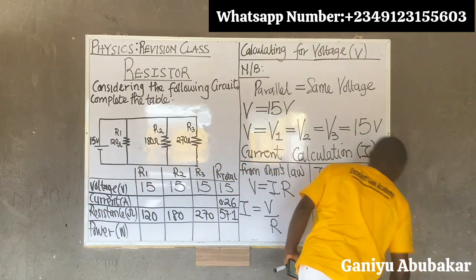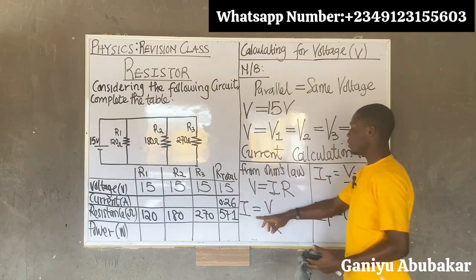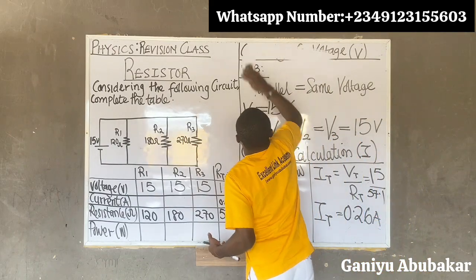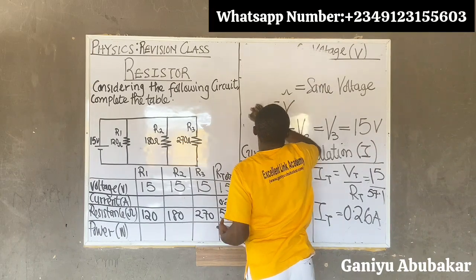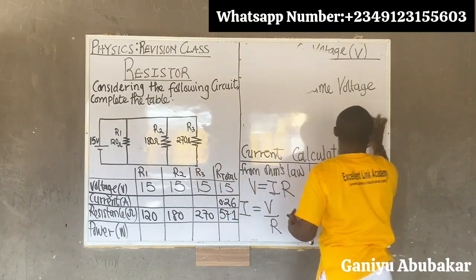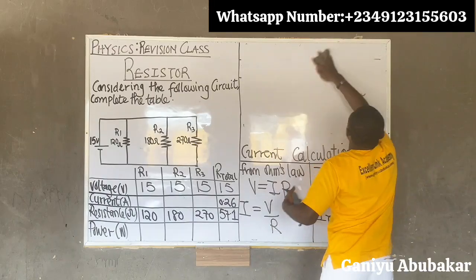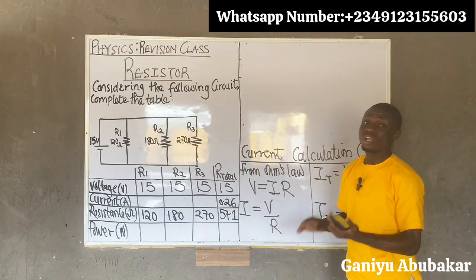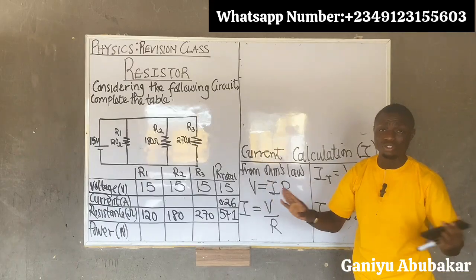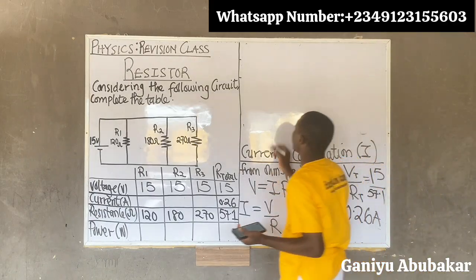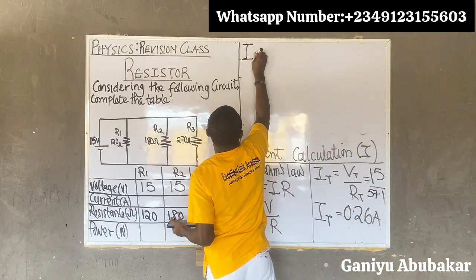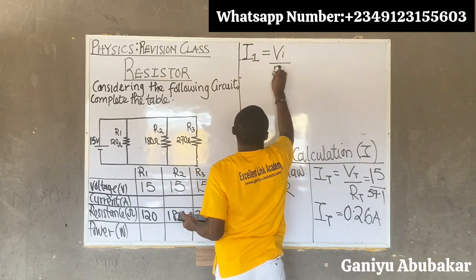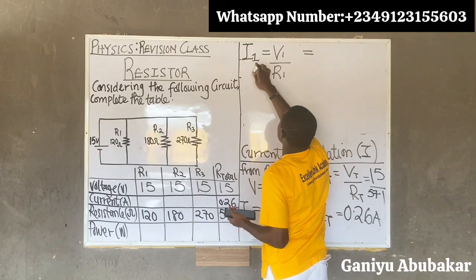Let's get I1, I2, I3 using the same formula pattern. Observe that I use this format, I equals V over R, expressed in terms of 1, 2, and 3. So I1 will be equal to V1 over R1. What's V1?